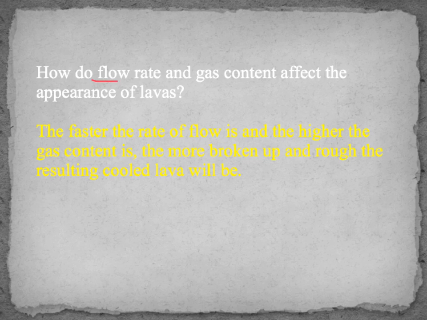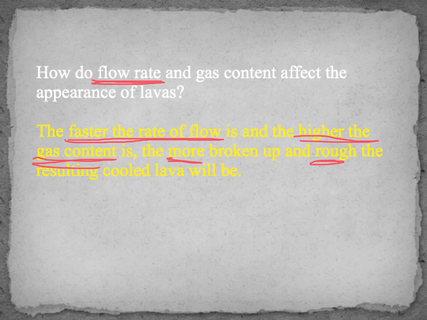So flow rate, which is that whole idea of speed, and gas content both affect the appearance of lava, and pretty much the faster the flow is and the higher the gas content, the more rough it is. So fast with lots of gas gives us a'a.